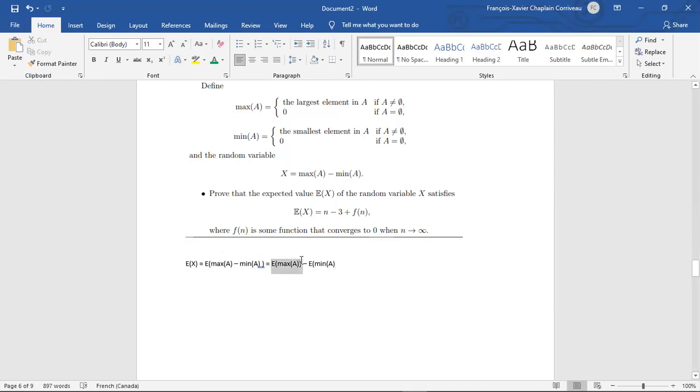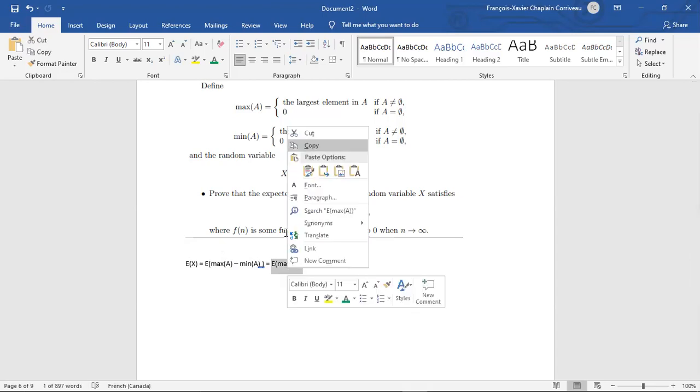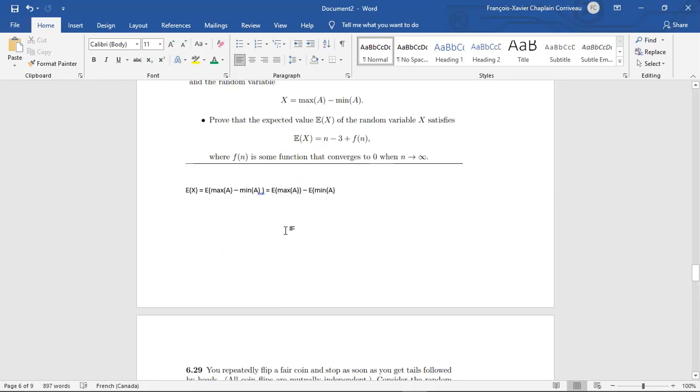Now think about what this is. Here I'm going to use the definition of expected value. There's two things in there, right? Let's call MA the range of max A. I could have called it something else, but I'm just giving it a name.